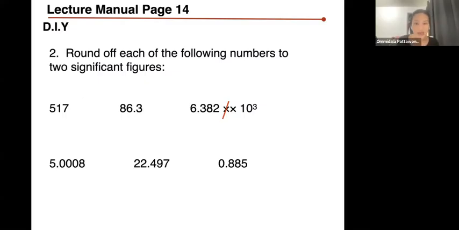In this case, I want to go over how you can report the final answer with a certain number of sig figs. If the problem asks you, for example, to report the number with just 2 sig figs, what do you do? If you're looking at this number 517, it contains 3 sig figs. Somehow we need to report this in 2 sig figs.